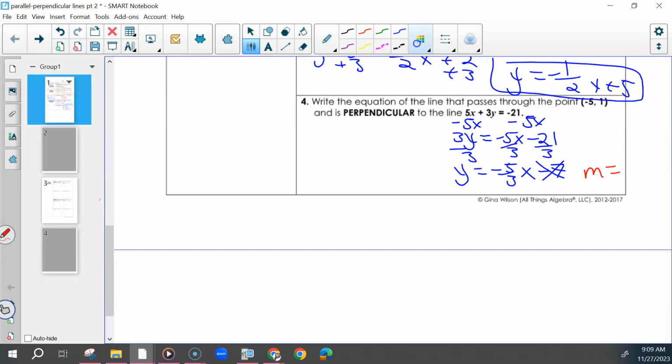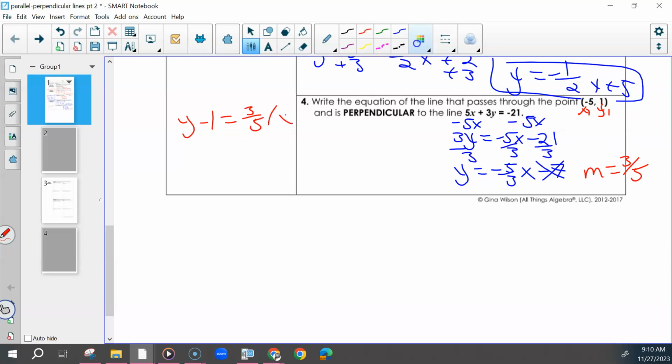What would our new slope be? 3/5. We have our x1, we have our y1. Now we can use that new slope in our equation. So y minus 1 equals 3/5 times x plus 5.